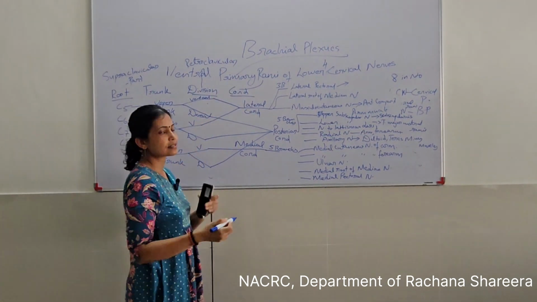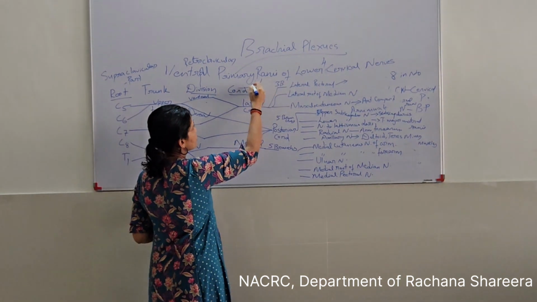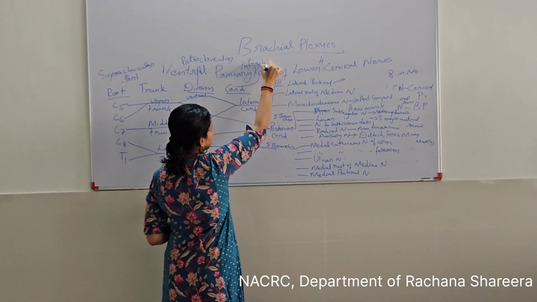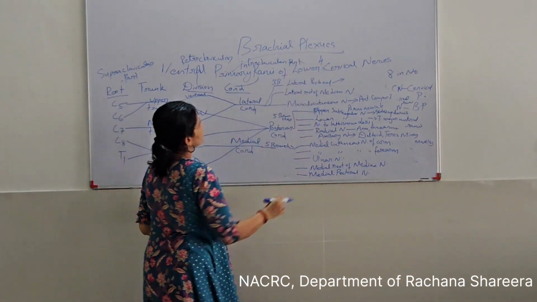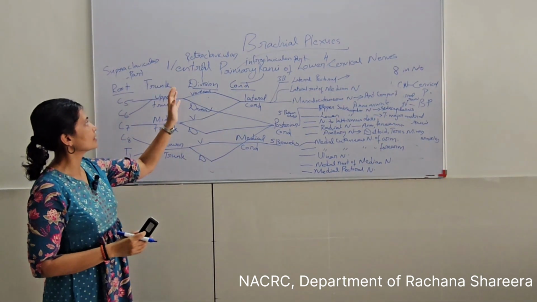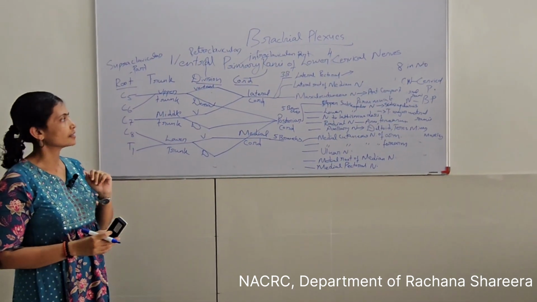Cord and branches lie below the clavicle. So they form the infraclavicular part. So in this way we can divide the brachial plexus. They are the relations of the brachial plexus based on the clavicle.